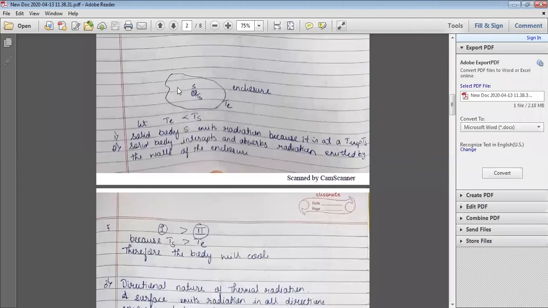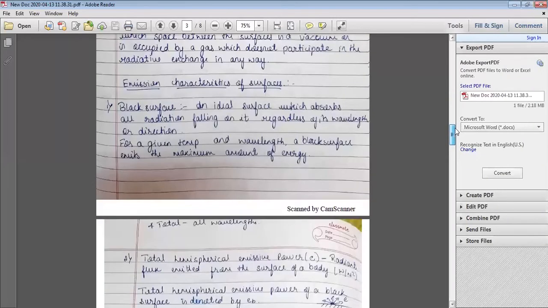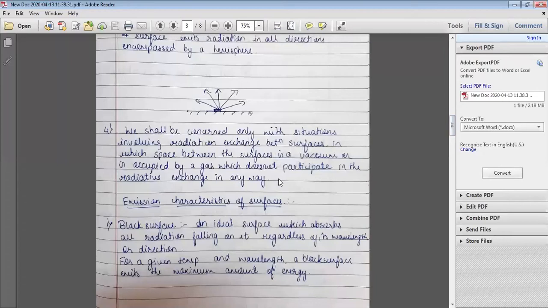If I consider an air medium between these two surfaces, I'll be considering it as a non-reactive material medium which does not participate in the radiative exchange. So for us, purely radiative exchange will be from one surface to the other surface. For our future studies in this subject, we are only going to consider that much.